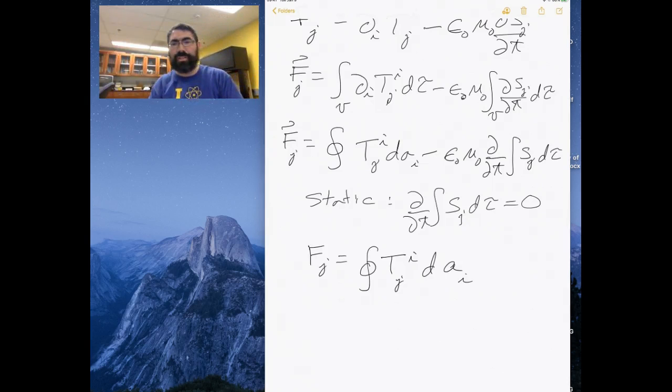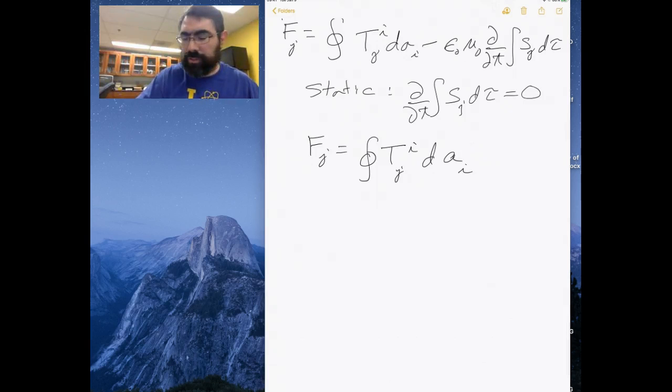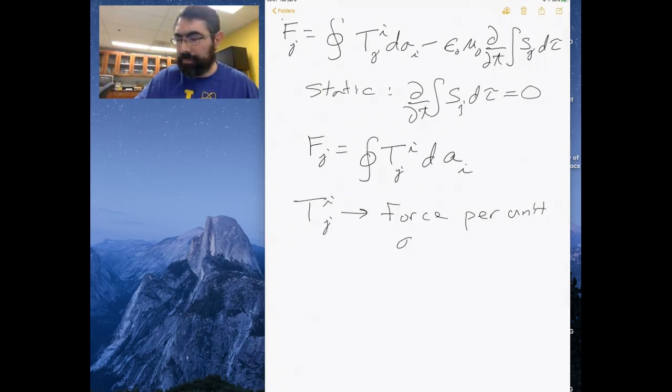So what is this stress tensor then physically? Physically, this stress tensor is the force per unit area, which is one reason why it's called a stress.